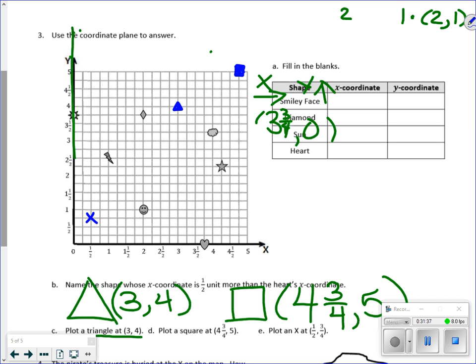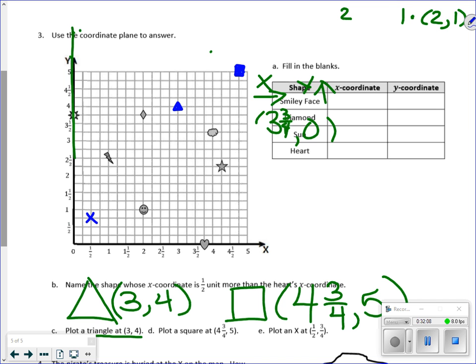So there are times that you will have to do this on quizzes. You will have to do this on tests. And if you're off by just one spot, it's wrong. So you will have to make sure that you really pay attention to what you're doing when plotting points. If it tells you to put it on 1 and you put it on 1 1/4, it's not right.